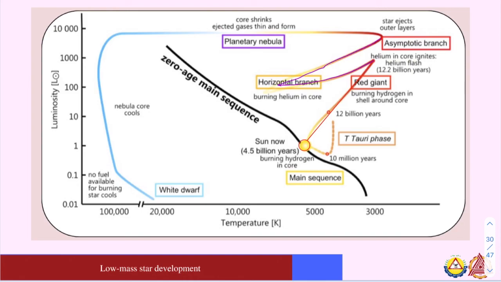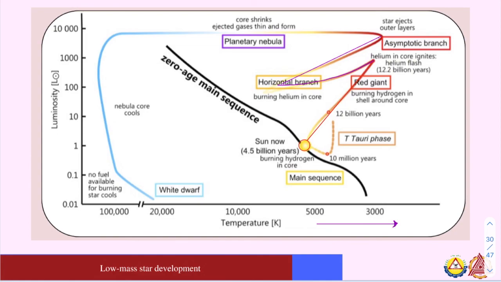Associated with the increase in the radius or size is of course the increase in luminosity. So it goes up here, and then its temperature decreases again. You notice every time your star expands in volume, the temperature decreases. That is why it moves to the right-hand side of the x-axis of the Hertzsprung-Russell diagram.